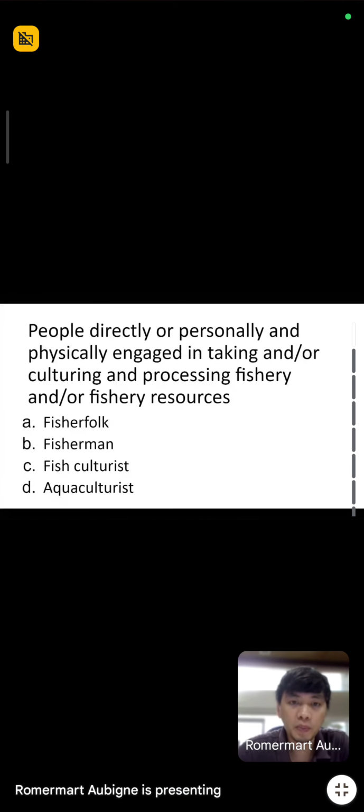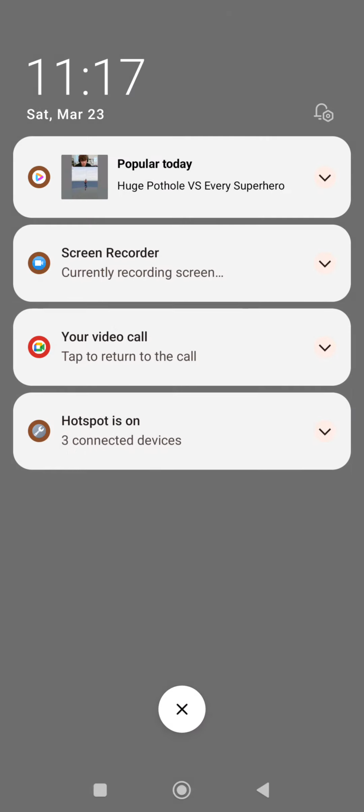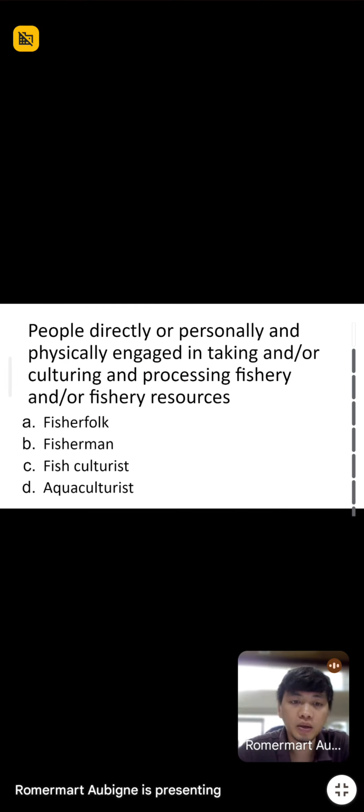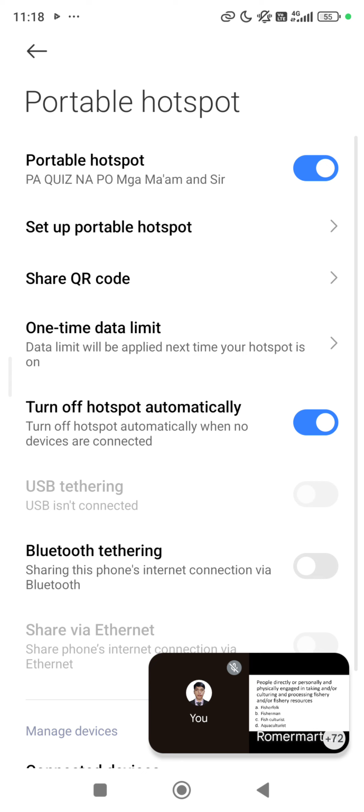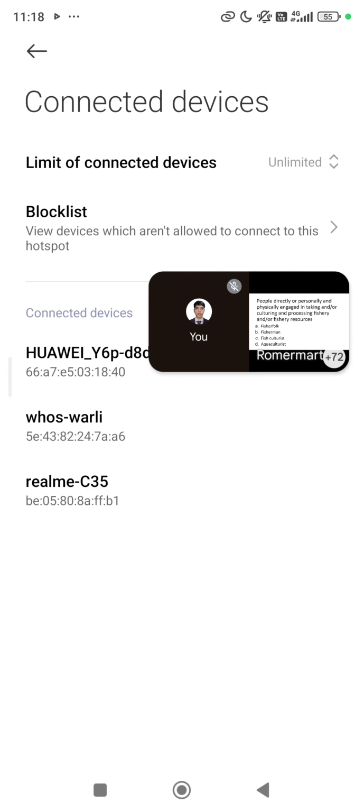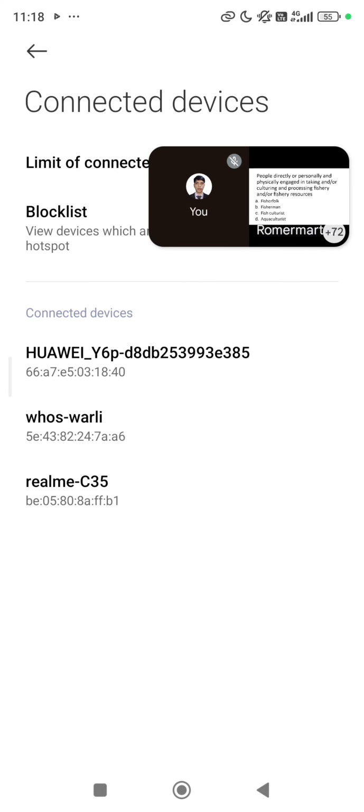Next, people directly or personally and physically engage in taking or culturing and processing fishery and or fishery resources. What do you call this? A. Fisher folk.